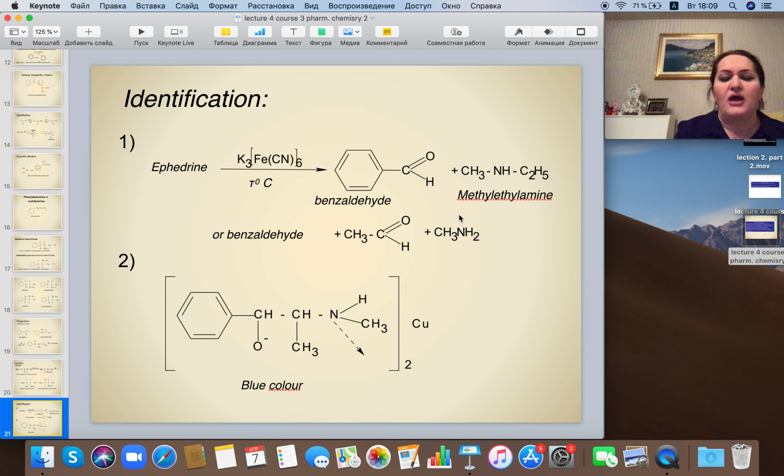At the end of the reaction, methylamine forms, and this substance we can determine like ammonia, by smell, with Nessler reagent, with Fehling reagent, and so on. The second reaction for ephedrine is forming a complex with copper sulfate, and this complex has a blue color.